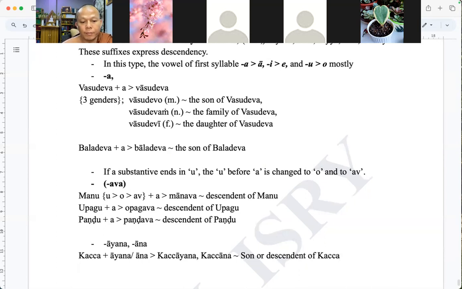In this way. And then next one is Mowgli. Okay. Mowgli. And then so ayana and the ana.